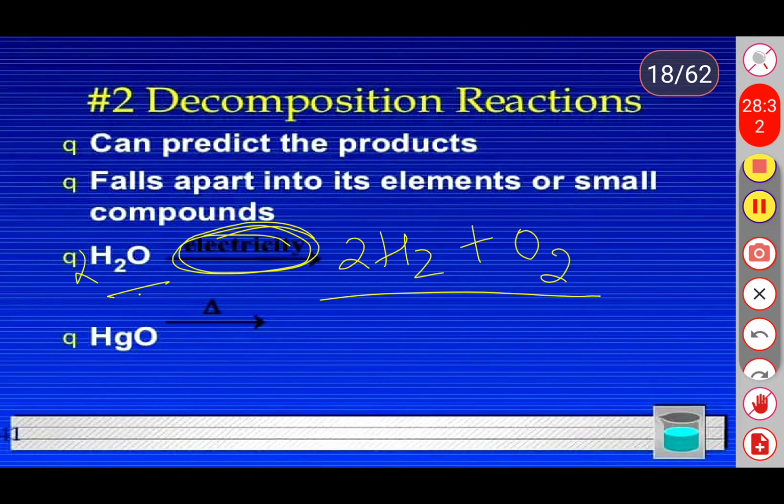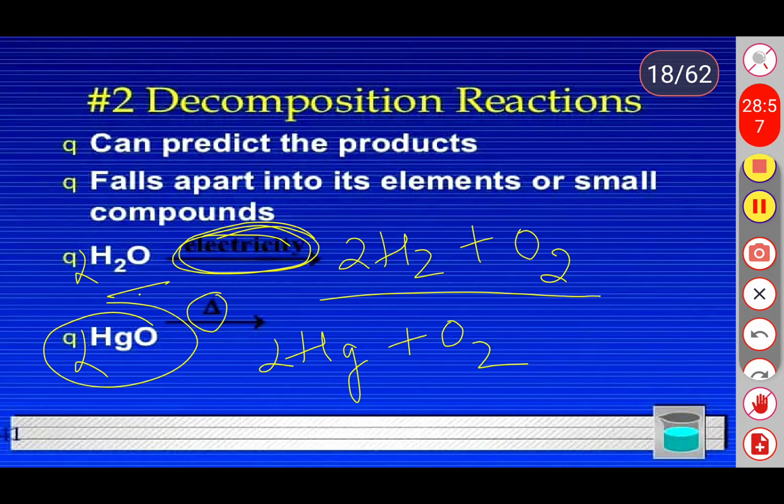Next one, mercuric oxide. In the presence of heat, the mercuric oxide will be decomposed into mercury, Hg, plus oxygen. So 2HgO forms 2Hg plus O2. Next one, nickel carbonate.